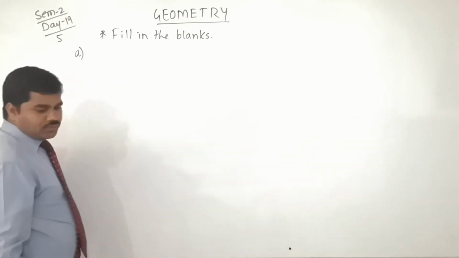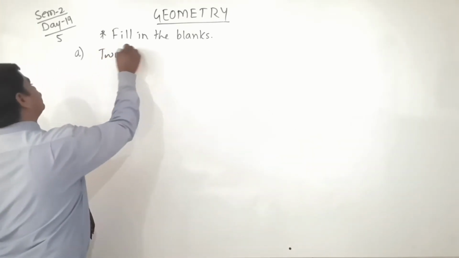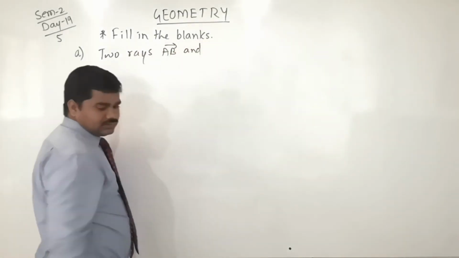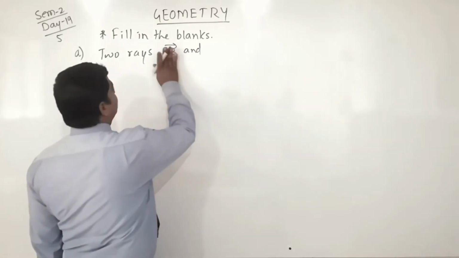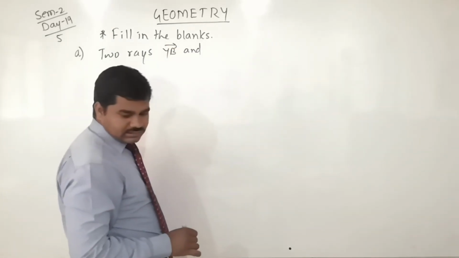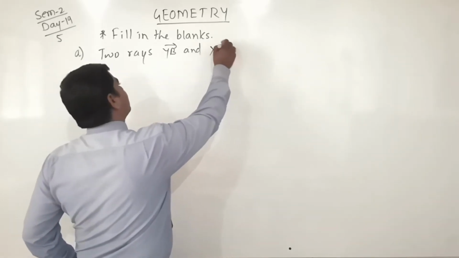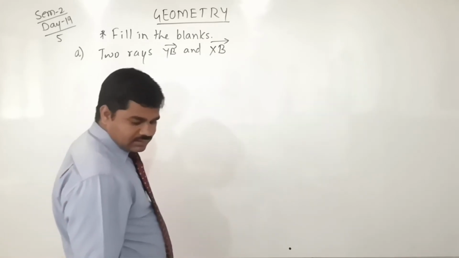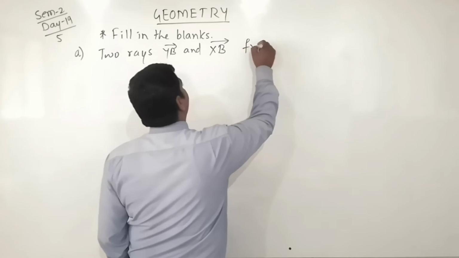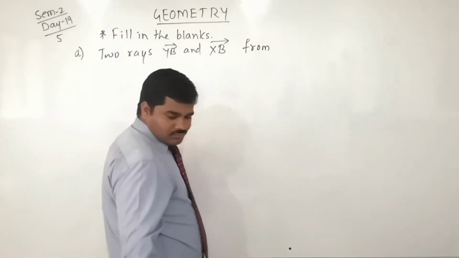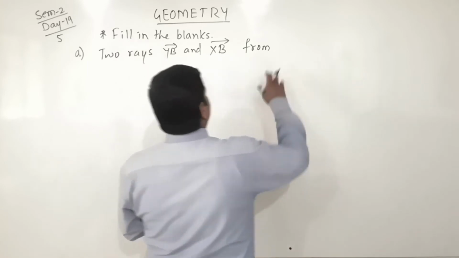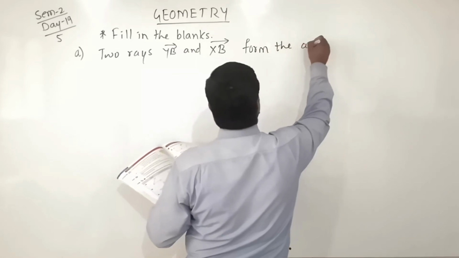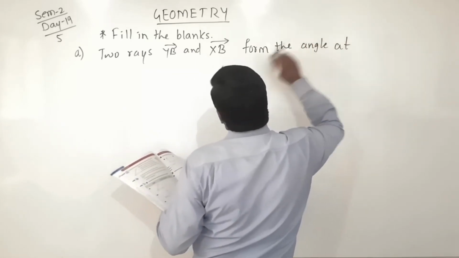Two rays, AB and YB and XB form the angle at the common endpoint.